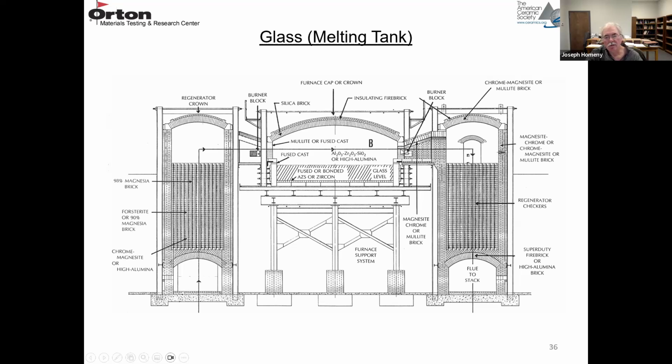So when one set of burners is running right on this side, the exhaust gases go over here and through this regenerator. And there's refractory brick in here that heat up. So the hot gases go through the regenerator, heat up these refractory bricks. And this alternates.